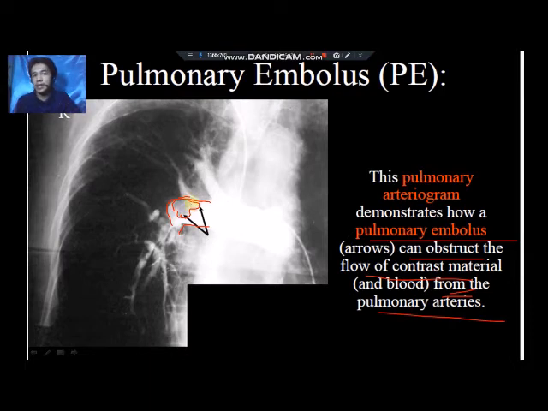No, kung white na sila tanan, then that is an indication nga okay na patent ang artery ni patient. That means the blood flow is not obstructed. But because of the blood clot na grayish nga portion, that means na ay part sa artery ni patient nga walay ga flow nga contrast material. Okay? So that is the indication nga na ay pulmonary embolus si patient.